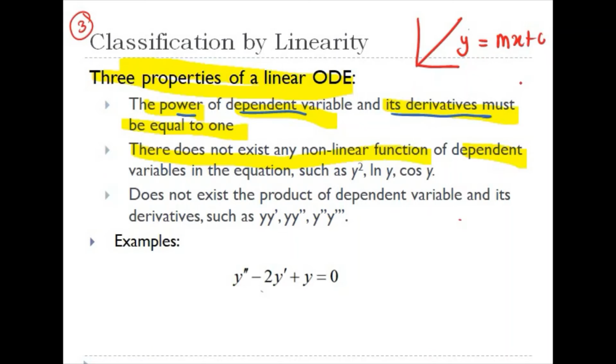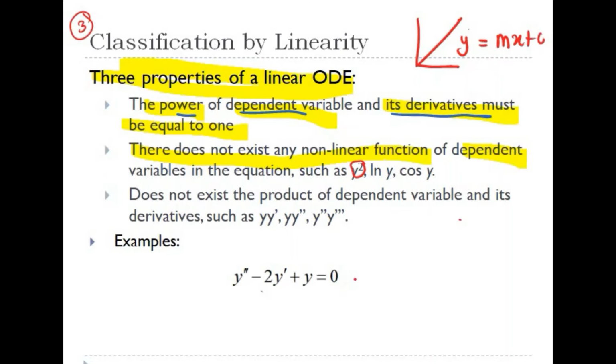Other than that is nonlinear. Let's say you have y squared, this is a quadratic function, which is a nonlinear function. Ln y is also a nonlinear function. Any trigonometric function, cos, tangent, secant, sine, all those are nonlinear functions. So if there exists any nonlinear function of the dependent variable, the DE is classified as nonlinear.